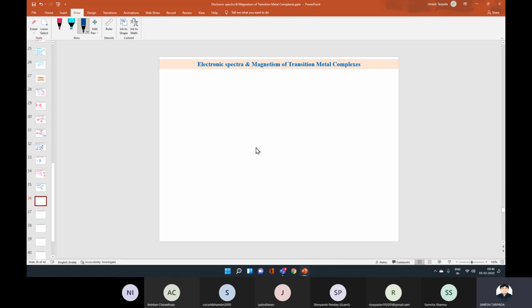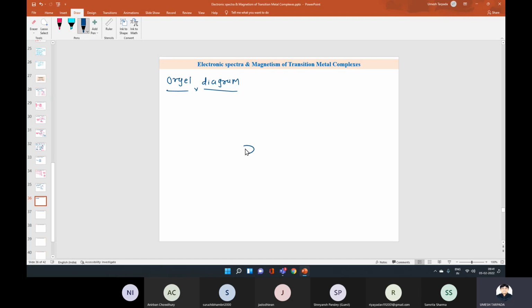So as far as the D term is concerned, how will we draw the orbital diagram? The orbital diagram is just the splitting. So the orbital diagram for D term, that is for D1 and D6 and D4 and D9.